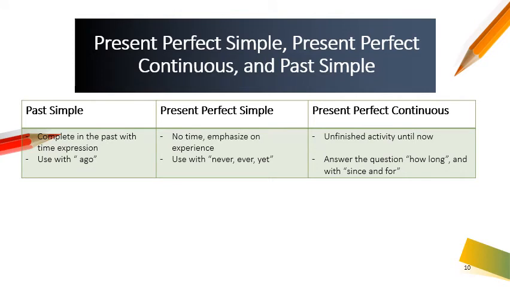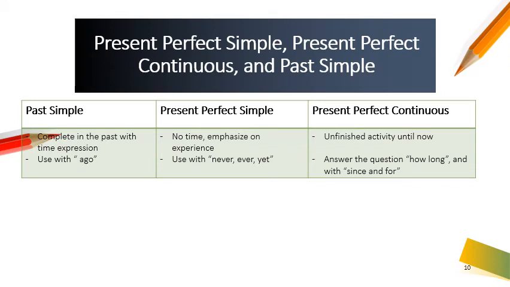Okay, so now look at the comparison between past simple, present perfect simple, and also present perfect continuous tense. You can go through it. Past simple, we use to express an activity that completely happened in the past, and use with the word ago.